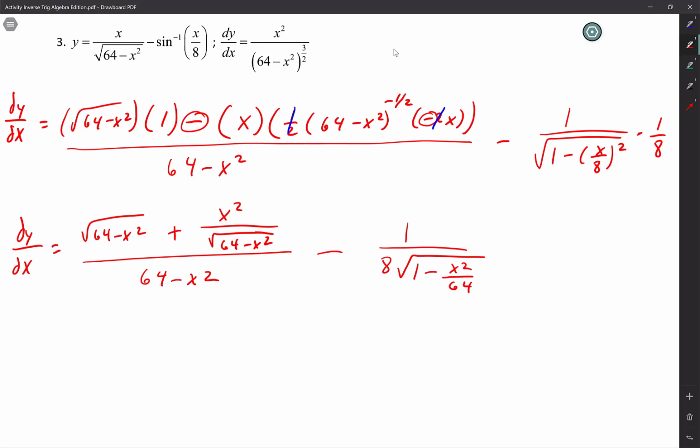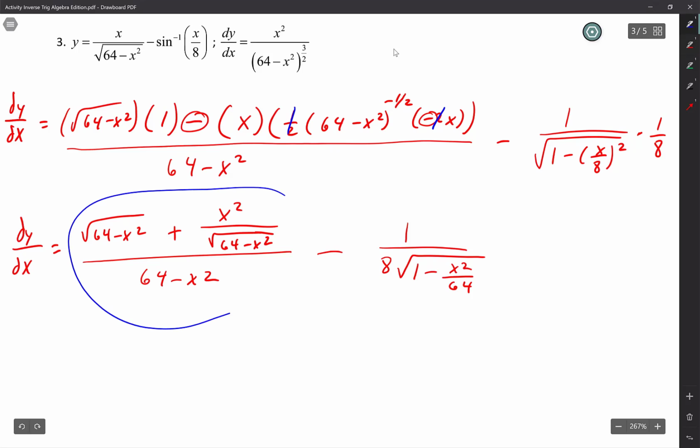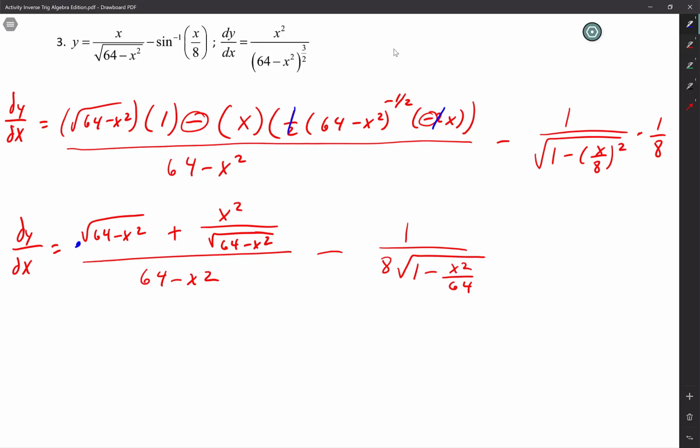We've got plenty of white space, so we can continue to take up some space. All right, on the left term, by left term I mean all this here in blue, I'm going to multiply this one by square root of 64 minus x squared over square root of 64 minus x squared. I'm going to do that right here on the side.